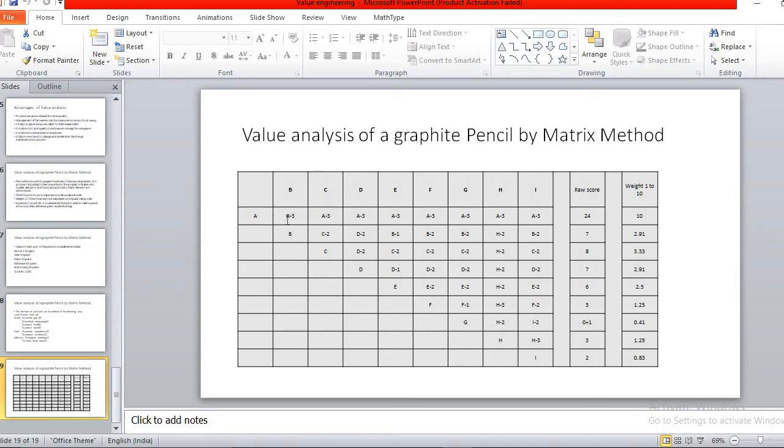Now this A3 is given as a weightage on the scale of 1 to 3, which represents the correlation between these two functions A and B. This cell represents the correlation between the two functions A and B, and between them A is important, and we give importance to function A on the scale 1 to 3 as a 3.